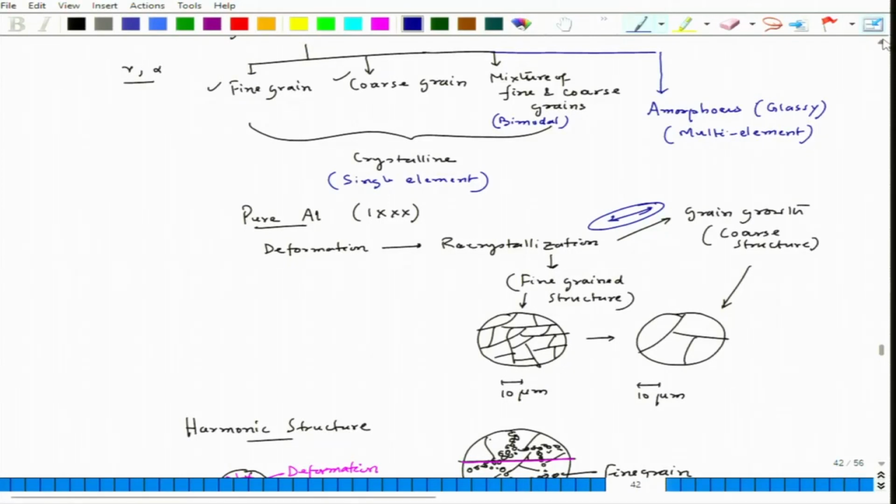There could be possibility of precipitates along the grain boundary, there could be possibility of elemental segregation along the grain boundary. All those things can come up, and then it might show a different behavior altogether. So then we can say that even if the material shows active behavior in a particular environment, coarse grain might show a poorer corrosion resistance than the fine grain structure.